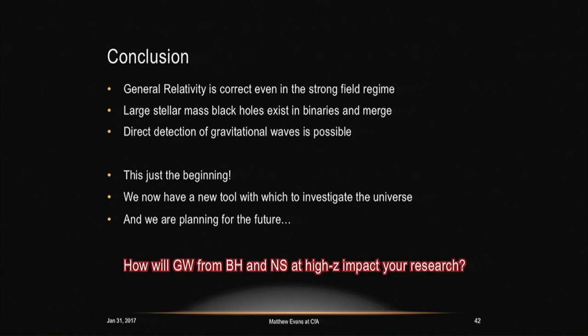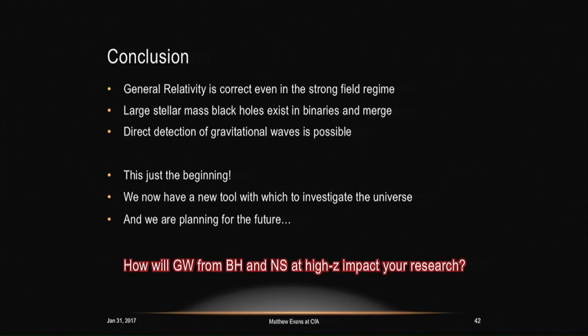The important thing for this crowd is that we're really just getting started, and we're making plans for what to do in the future for our detectors. And the more feedback we can get from astro people who actually know about the sources we're looking for, the better off we'll be and the better plans we'll make.